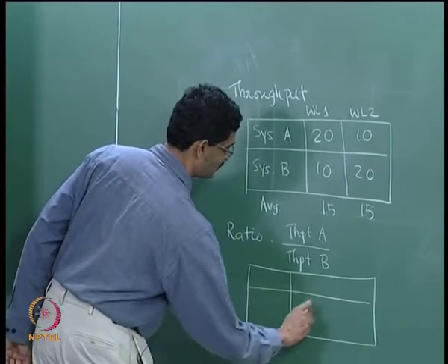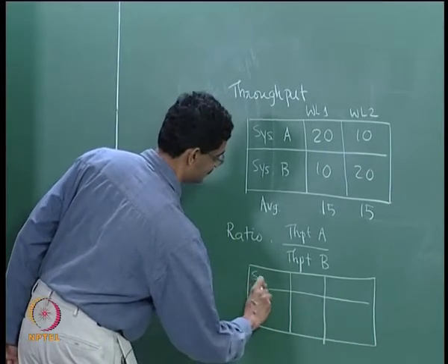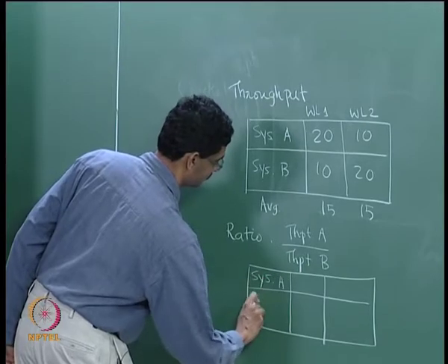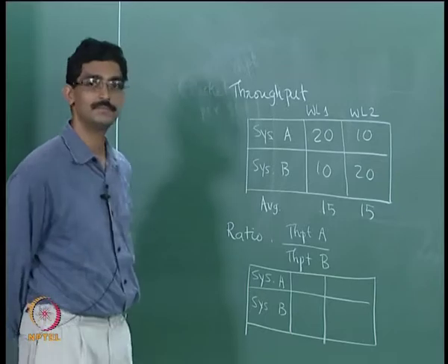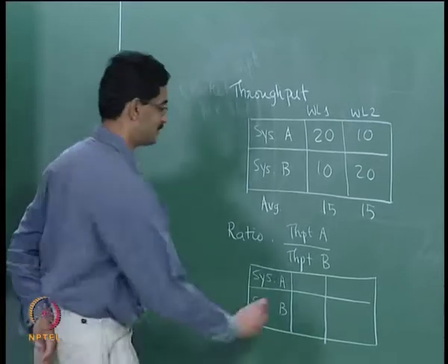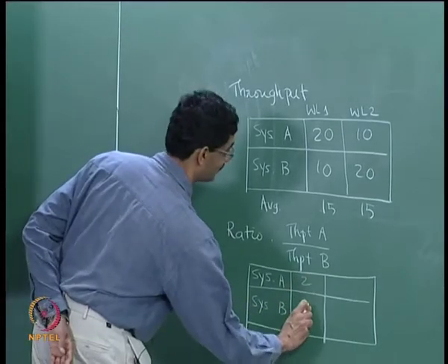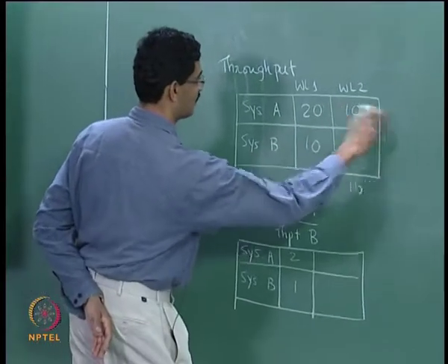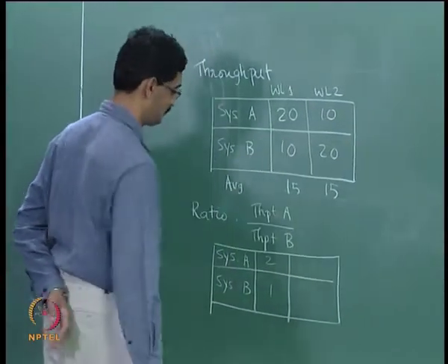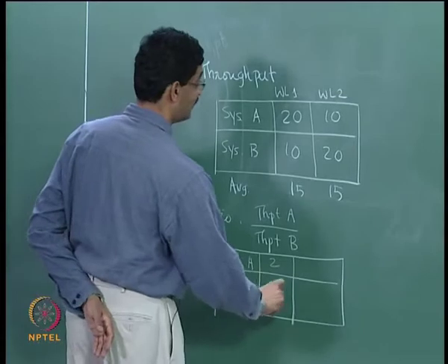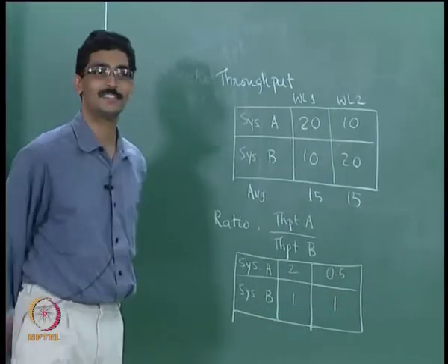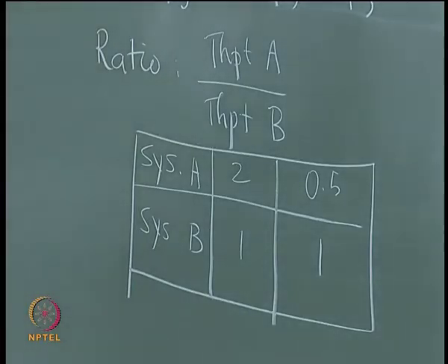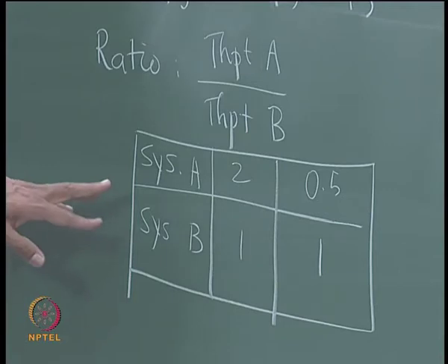So if I do that ratio, now what will happen? This is 2, this is 1. Actually, this average should come here, not under here. So that is 2, 1, and this is 0.5 and 1. Okay.